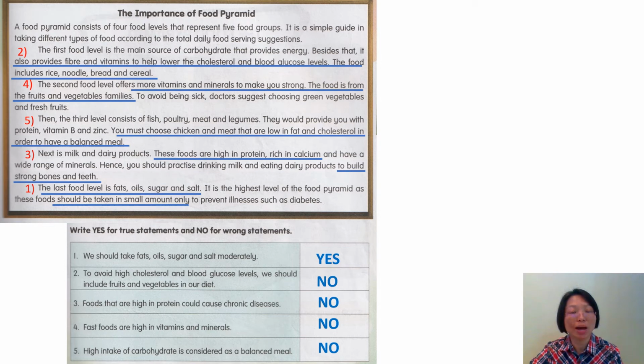So the answer for statement number 5 is no, because the statement here is wrong. It's not high intake of carbohydrate, but it is the intake of the third level of food, which consists of fish, poultry, meat, and legumes that give us protein, vitamin B, and zinc. That can give us a balanced meal.